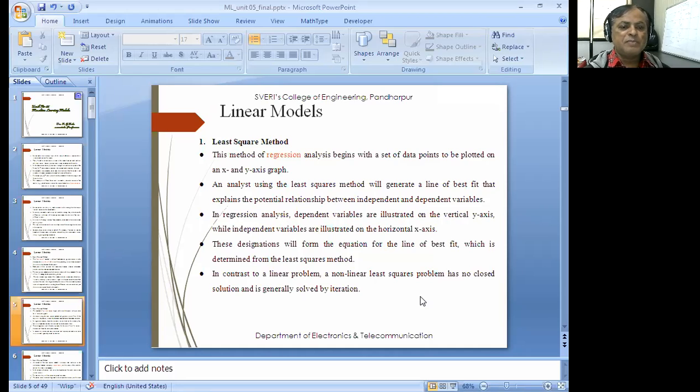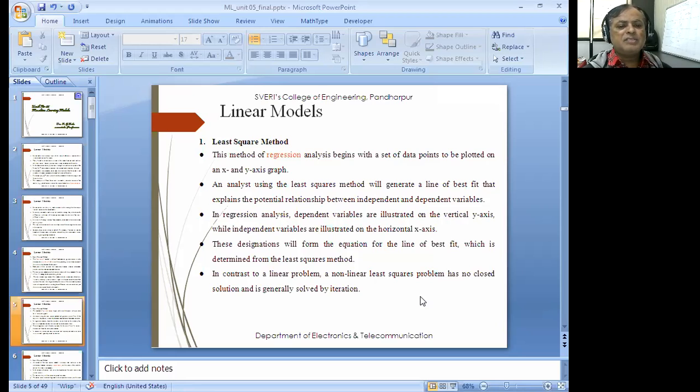Same thing as I have explained, you're going to get the data across that line, which is going to give you the relationship between independent and dependent variables. The whole thing is about the regression analysis of the data, and we have to see how well the data is best fit to the line.